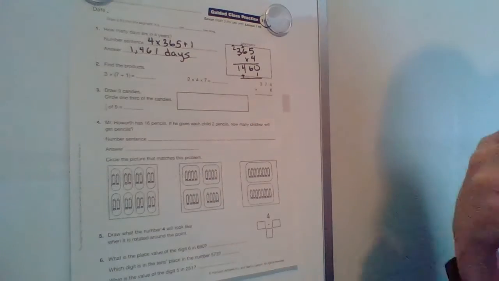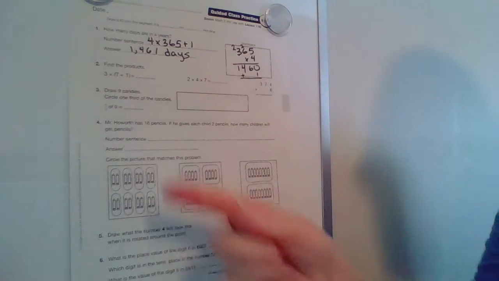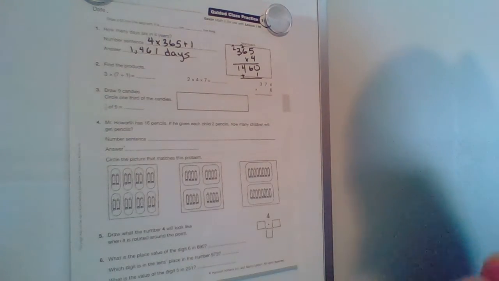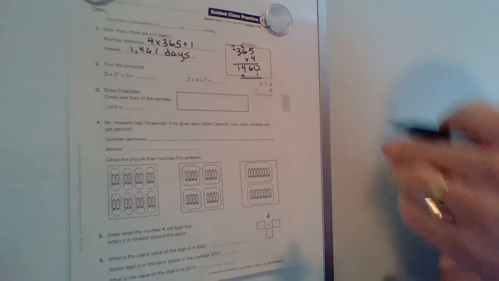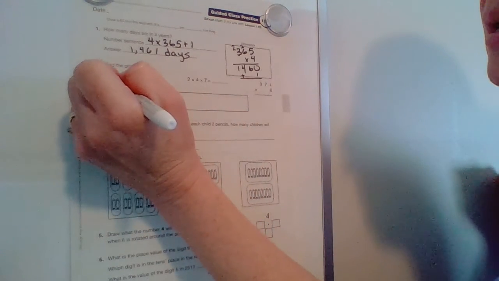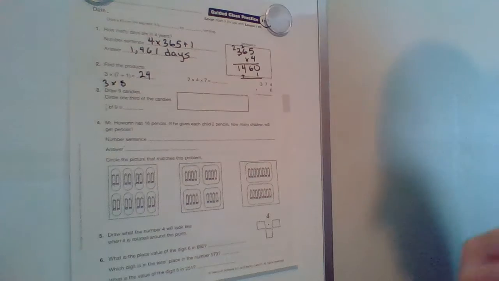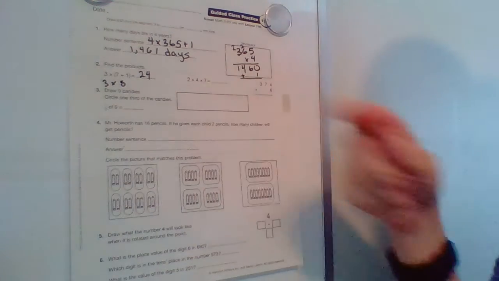Now here we go, the associative property. It says find the products. Remember, in the video, we talked about those parentheses. The parentheses say start here. So we have 7 plus 1 is 8 times 3. The answer is 24. Remember how we talked about when you have multiplication all the way through?